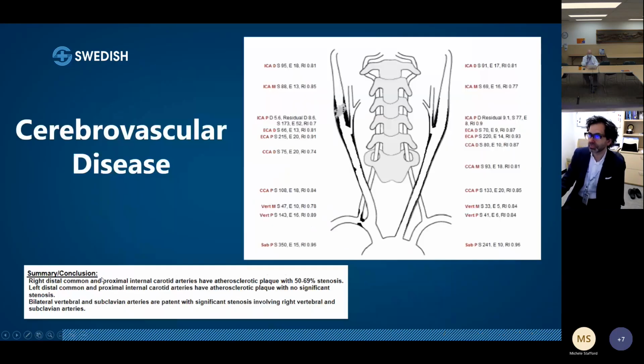So you've identified a patient who needs screening, and you get this ultrasound that comes back, and they summarize it as plaque at 50 to 69% stenosis on the right side, and the left side looks pretty good. And then they say there's a right vertebral stenosis.